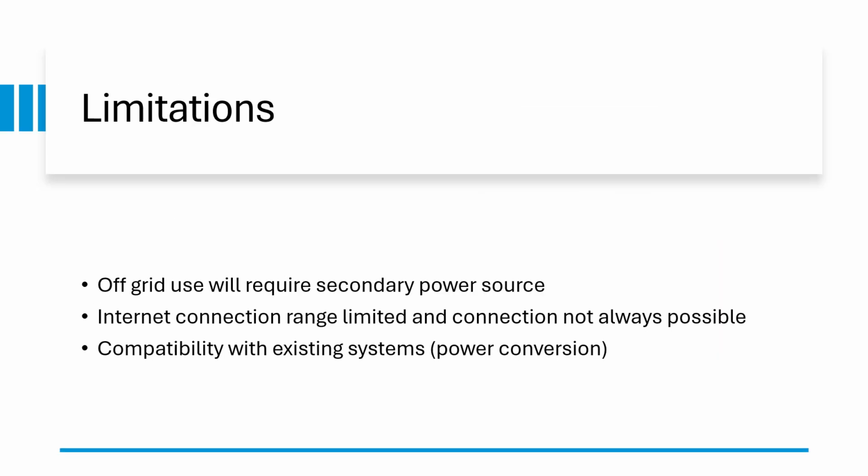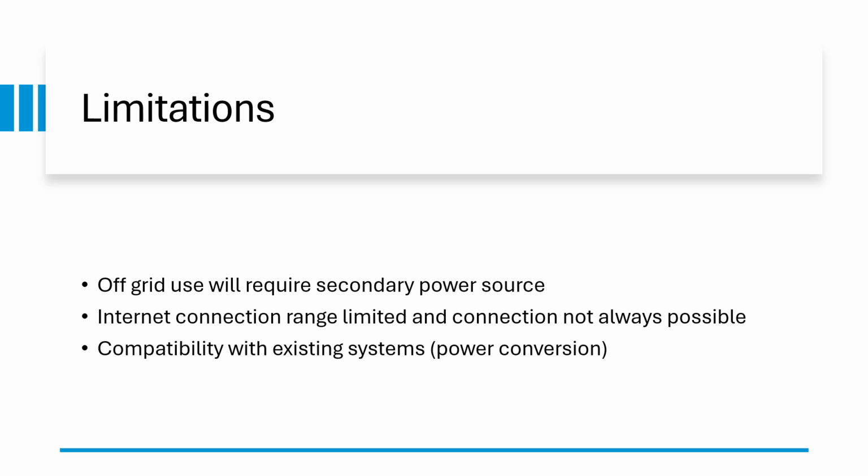These are some constraints that we could think of at this moment for the project. The first one will be the power source that we're going to need for the system in case there's no solar power. So we're going to need a secondary power source, like an extra battery store.